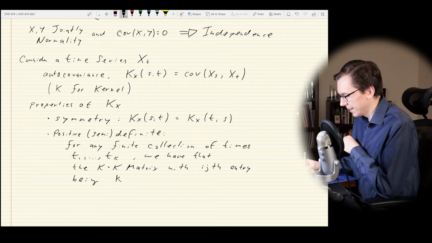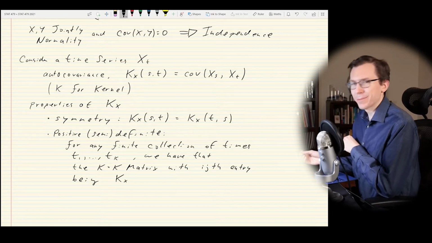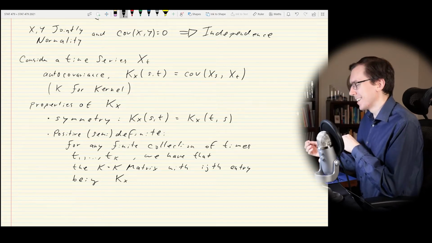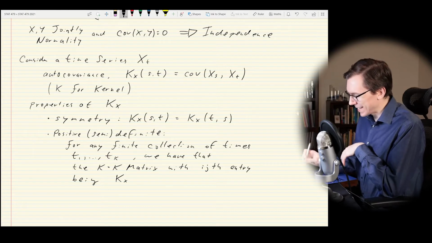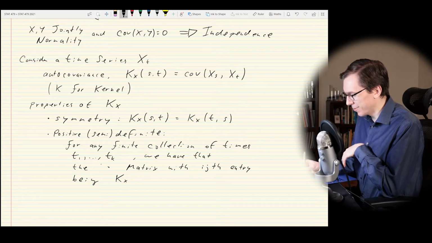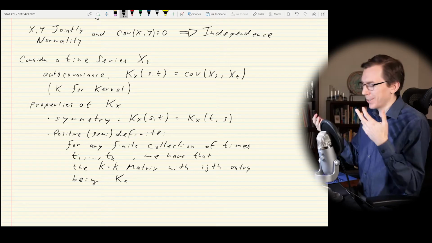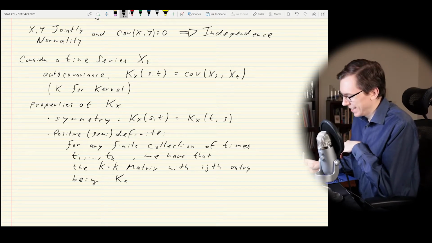K. Oh man, I'm reusing k twice. All right, well, let me emphasize that I mean little k for the dimension of the matrix, and big K for the kernel function. Sorry about that. But what we have here is a t_i and a t_j.